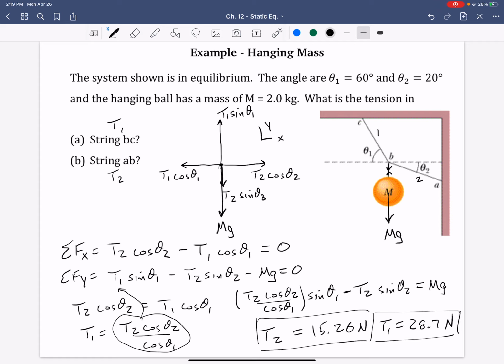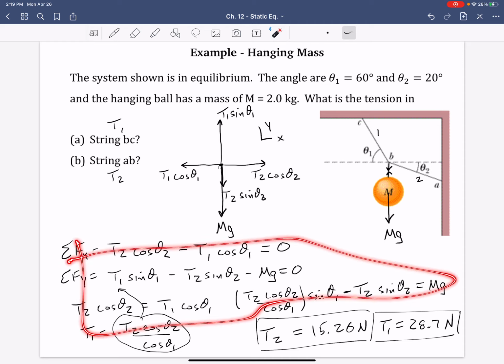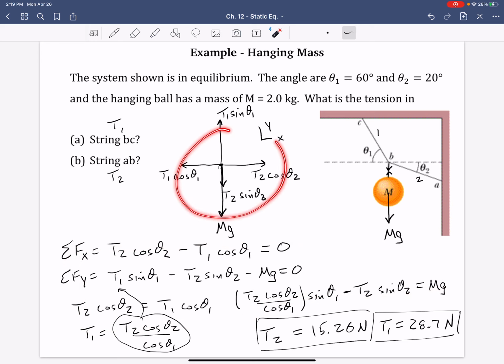So, to reason this a little bit, all this stuff here was just math. Again, this was the physics part. This was the important part. And now, to sum up and see if our answers make sense, T1 was a little bit more vertical than T2 is.